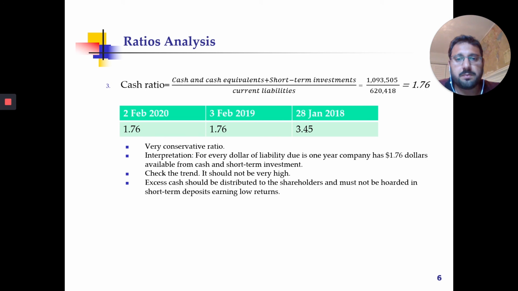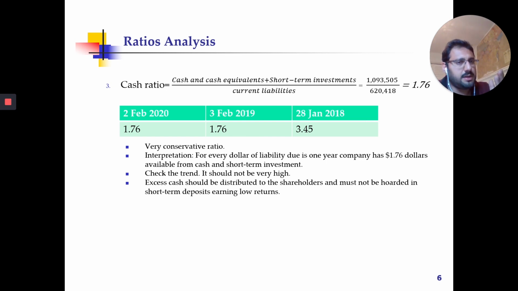This number we do not need to be very high. Like, the main thing, if this number is very high, more than one, even it can be less than one, it means that the company has enough cash. Again, if your role is being a creditor or the supplier, then you need it more.